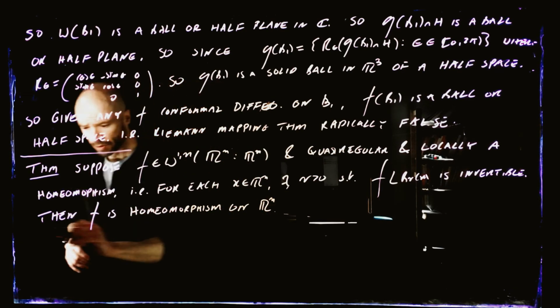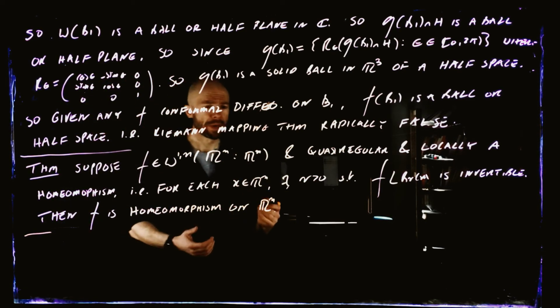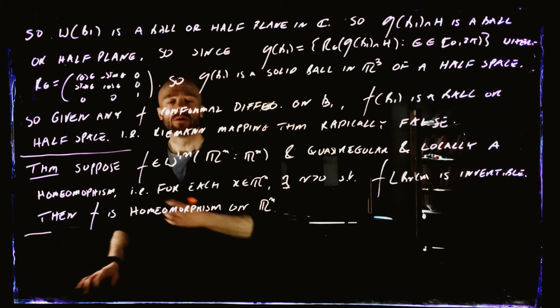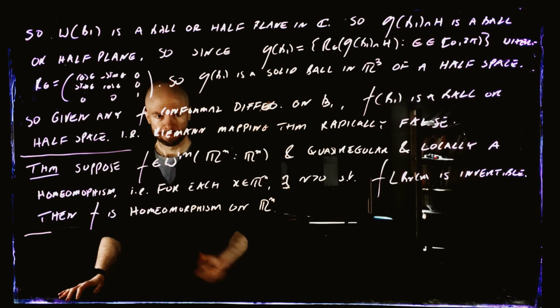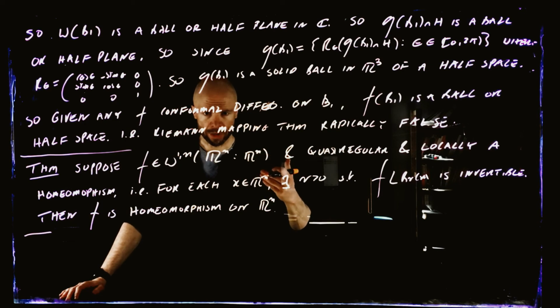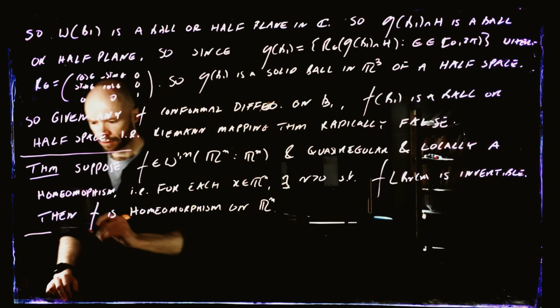Is this true for holomorphic mappings? I guess from the way I say it, the answer is no. What would be a counterexample for holomorphic mappings? What would be an example of a mapping that's locally invertible at every point, but not globally invertible?